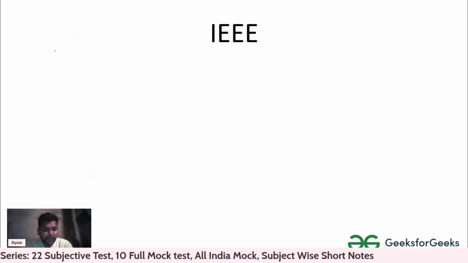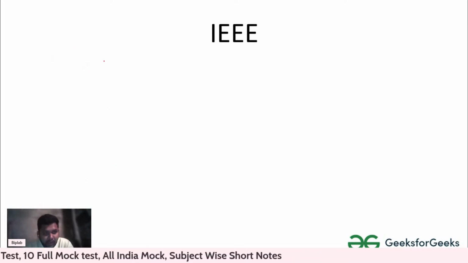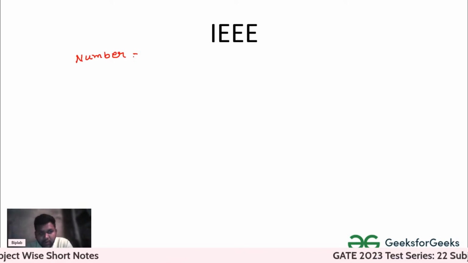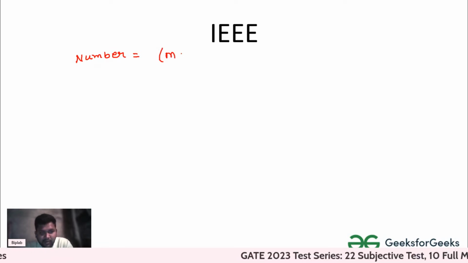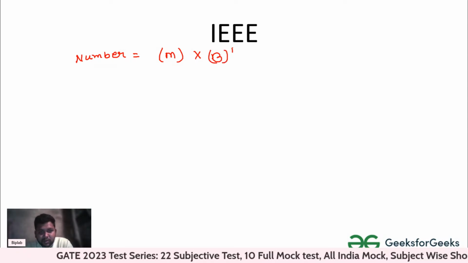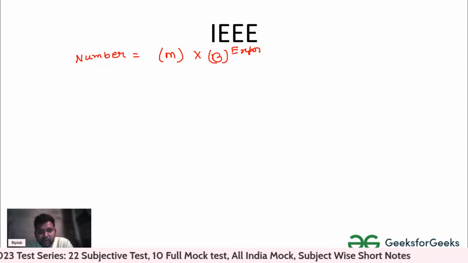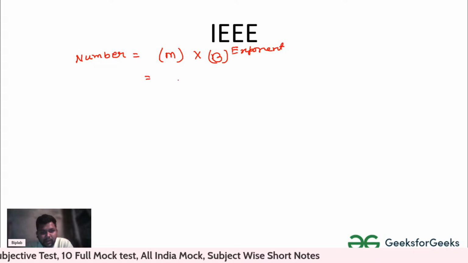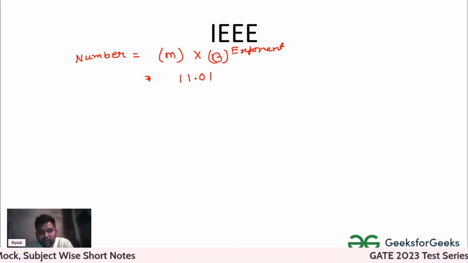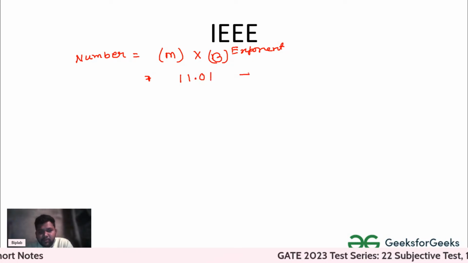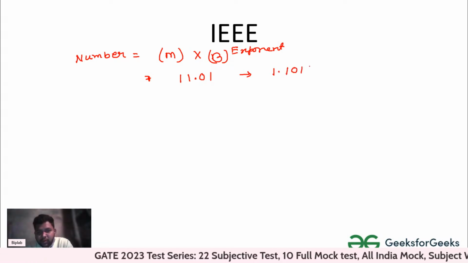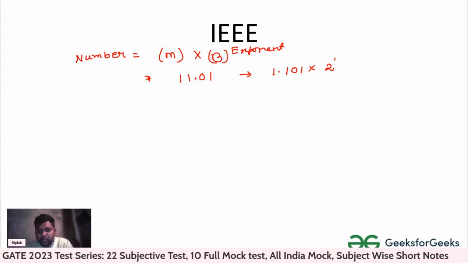So generally, we consider a number in the form mantissa into base to the power exponent. We represent a number like this. For any binary number, if you take, for example, 1.01, that number can be represented as 1.01 into 2 to the power 1.